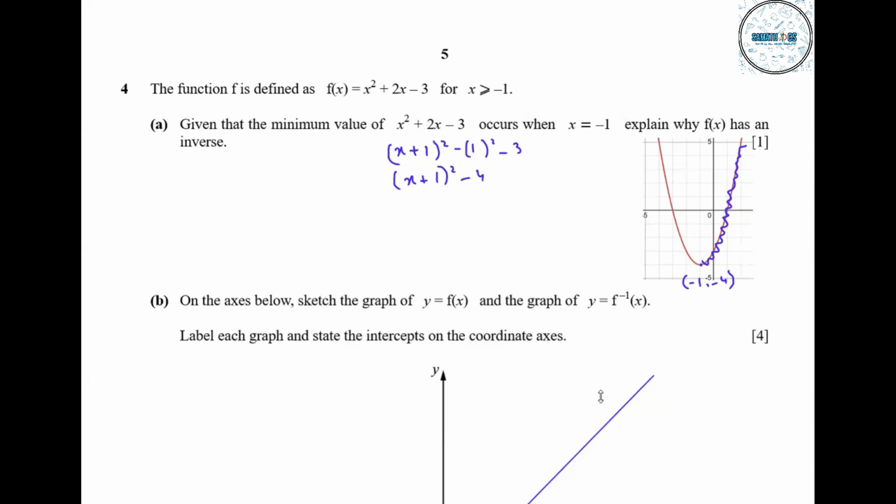If we see the graph for the values of x greater than or equal to minus 1, it is a one-to-one function. We can write that f of x is a one-to-one function because of restricted domain.